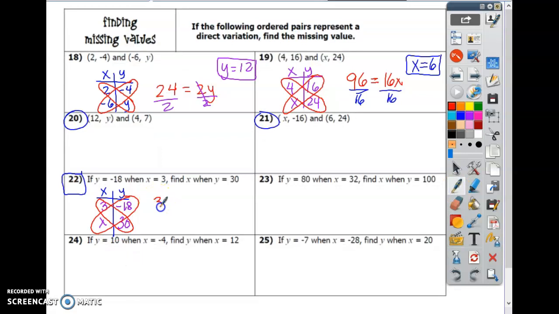So 90 equals negative 18x. Oops, this was 90. Thank you for correcting me. Because 3 times 30 was 90. I wrote it wrong. Let me erase it so that we don't get confused.